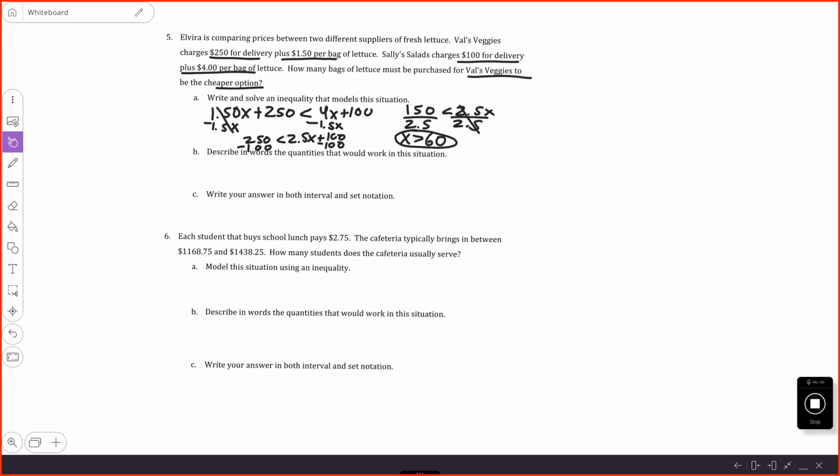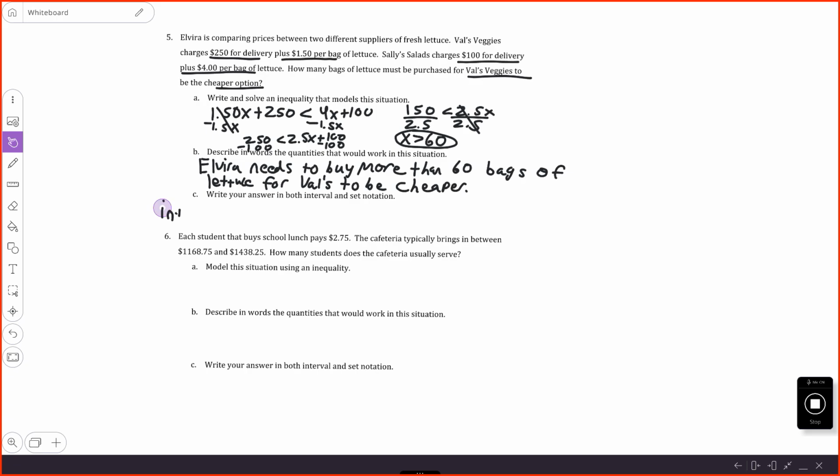So that means if Alvera needs to buy more than 60 bags of lettuce for Val's to be cheaper.